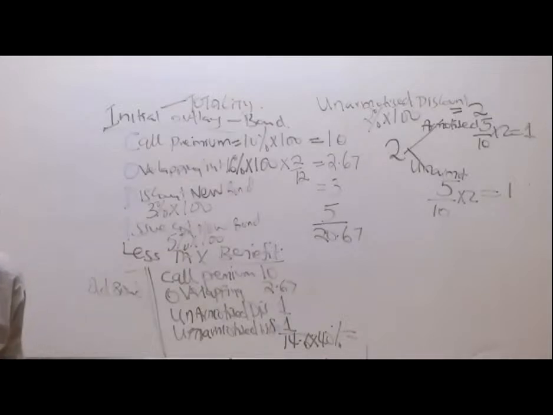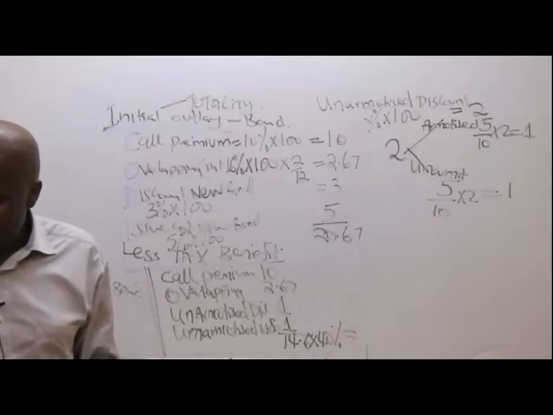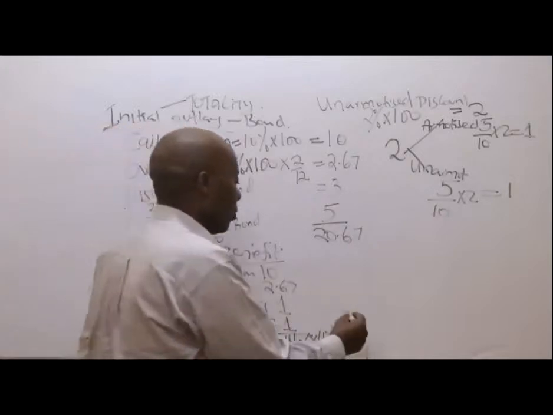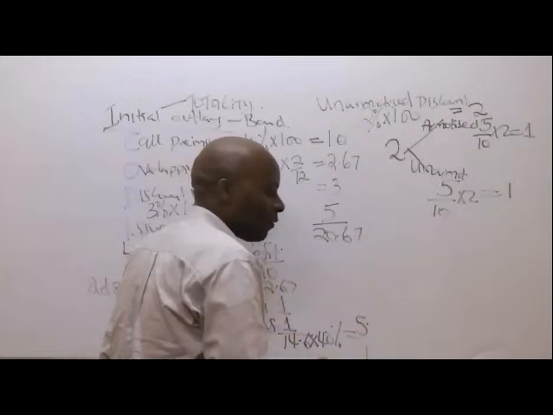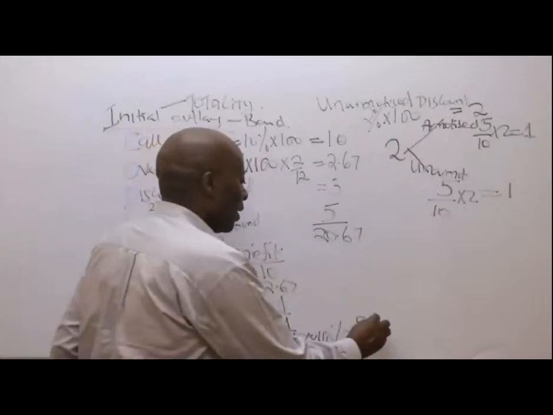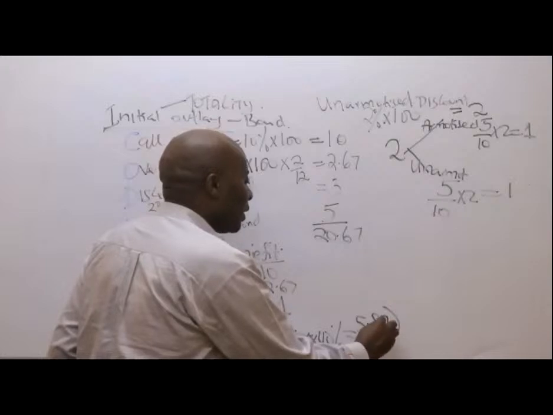I'm being given 5.8887. Let me wait for others. 5.68. Let's put 5.87.